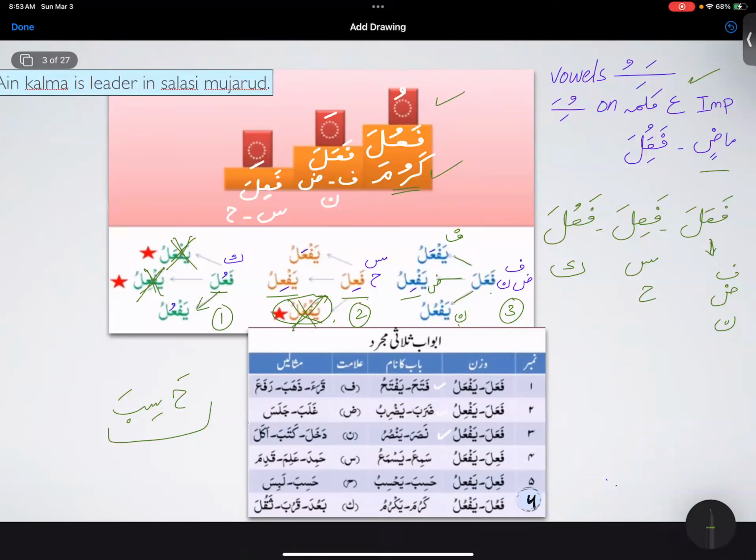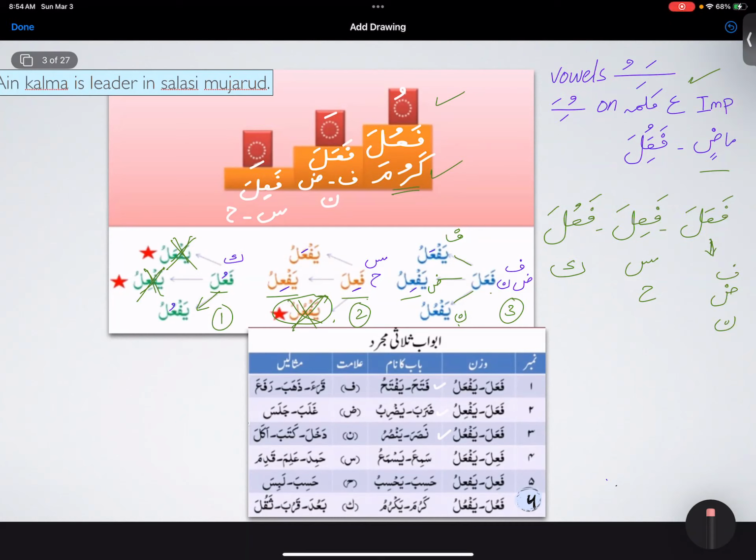But I think there are some verbs from hasiba as well. I don't know why they named it after hasiba if it does not belong to this family. There is some possibility there, but in the Quran Pak mostly hasiba is always yahsabu.